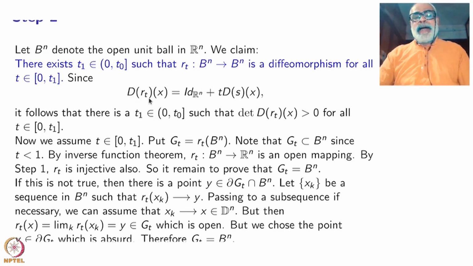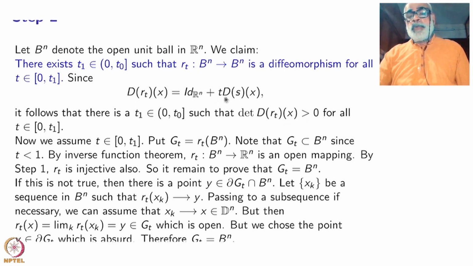Now look at dRt of x, which we have seen is the identity of Rn plus t times dS of x, right? Therefore, it follows that there is a T1 positive, which I will choose less than T naught, such that the determinant of dRt of x is positive. Why?